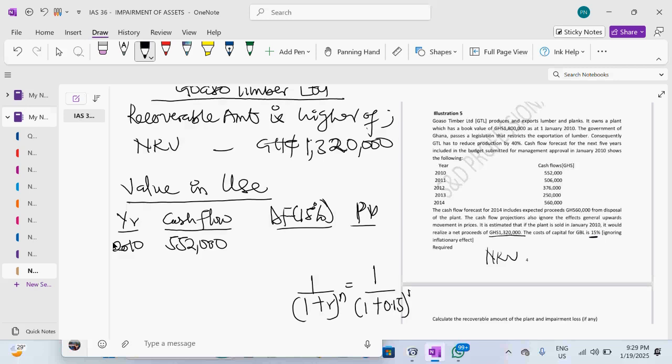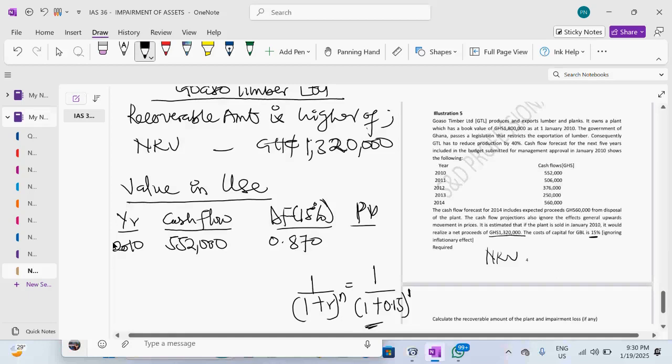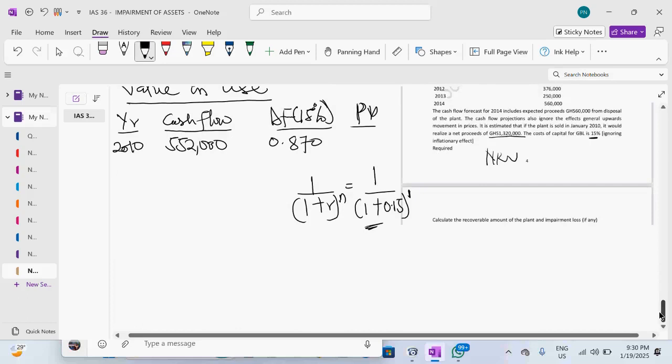So it's 1. The factor is 0.8696. Leave it in 3 decimal places, so 0.870. You use this, right? Should we do it year 1 or year 0? Year 1. Okay.